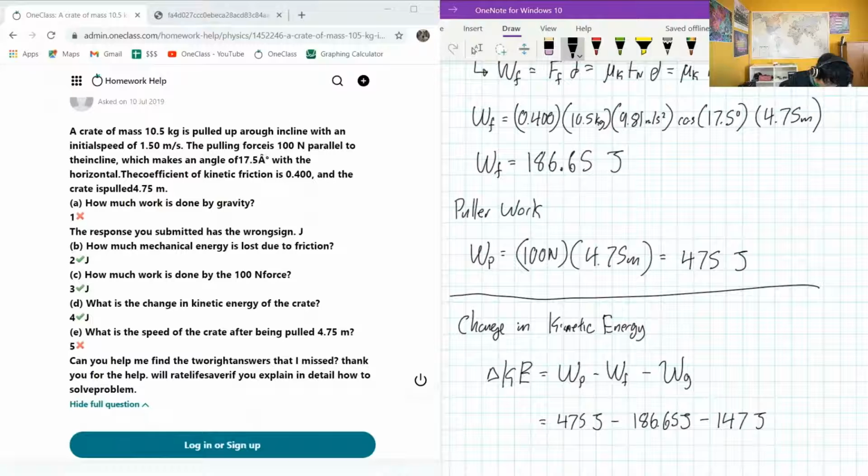Yeah, so let's calculate that out. Let me actually use the precise value that I have in my calculator still.